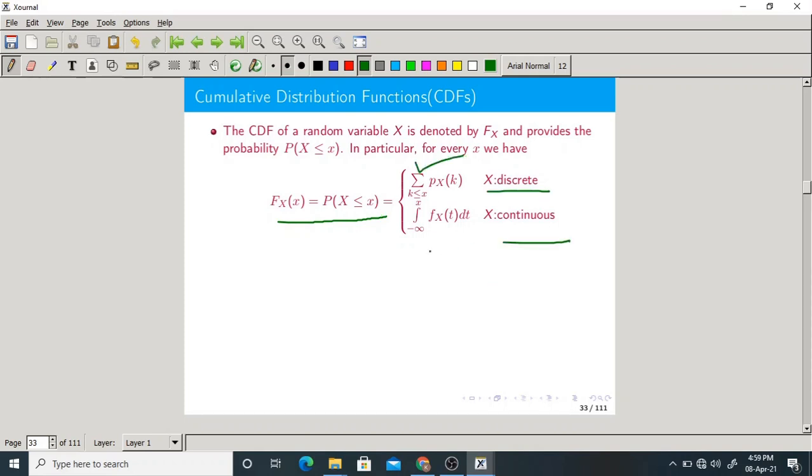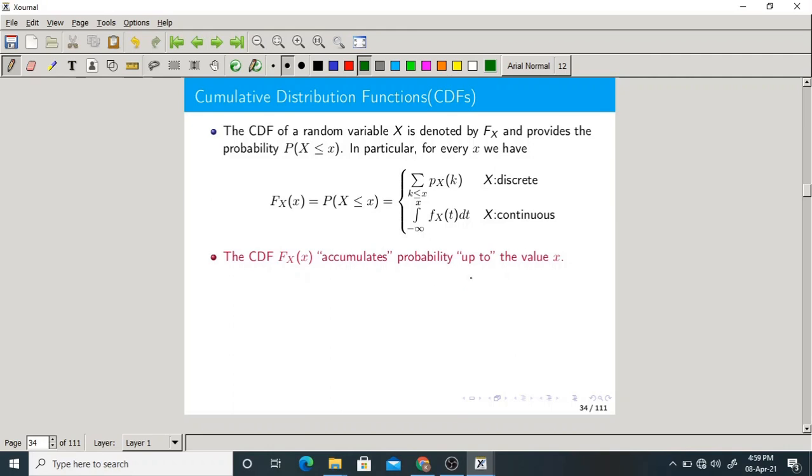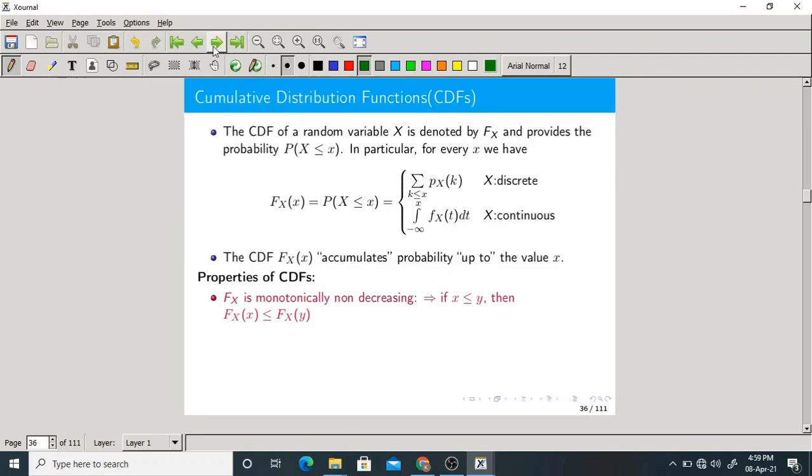If it is continuous, we use integration. Yeah, this is what cumulative means. Here one of the properties, it is non-decreasing, which is also very important. If x is less than or equal to y, obviously the corresponding CDFs also obey the same law.